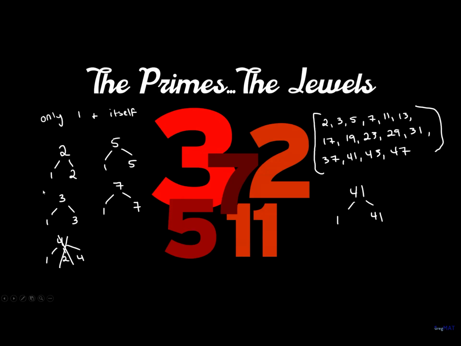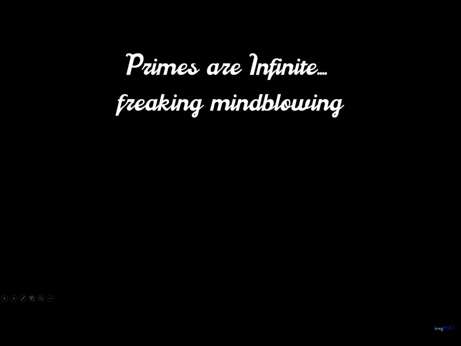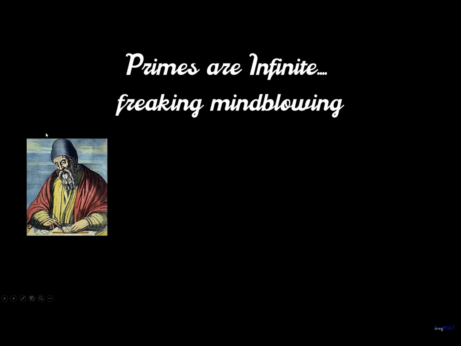So first of all, okay, the primes go on forever. They never stop. And do you know who proved this? My man Euclid, 2,000 years ago. So this is Euclid. My dude, right? 2,000 years ago, this guy was living, I don't know, somewhere around the Greek Isles.